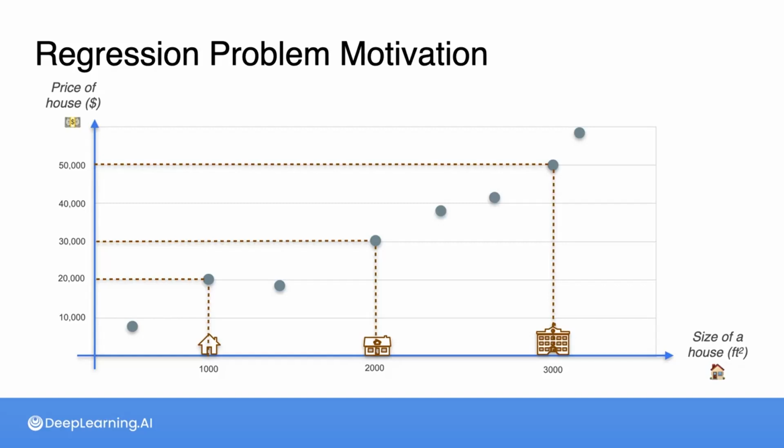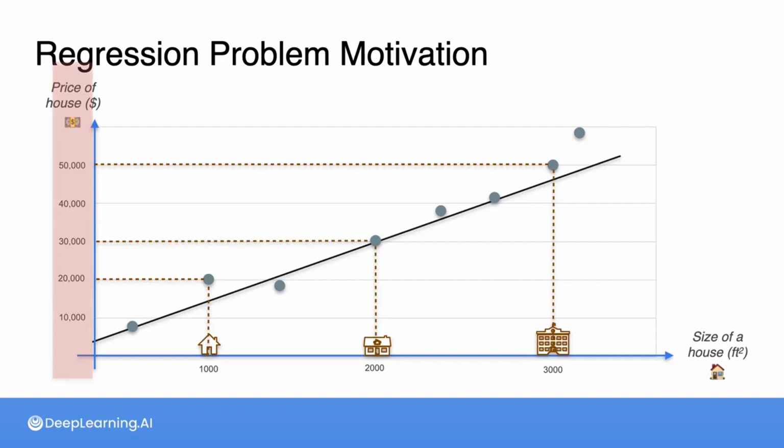So these are other houses on the market with their sizes and their prices. And the goal is to take this data of inputs, which is the size of the house, and find, in this case, a line, because they look like they form some sort of a line. So we're going to find a line used to predict the price of the house. And the goal is to find the best possible line.